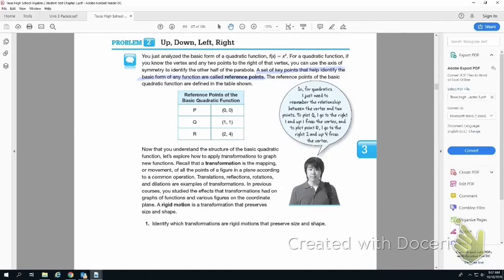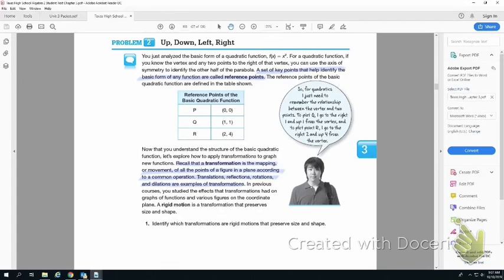It says, now that you understand the structure of the basic quadratic function, let's explore how to apply transformations to the graph of new functions. Recall that a transformation is the mapping or movement of all points of a figure in a plane according to a common operation. Translations, reflections, dilations are examples of transformations.